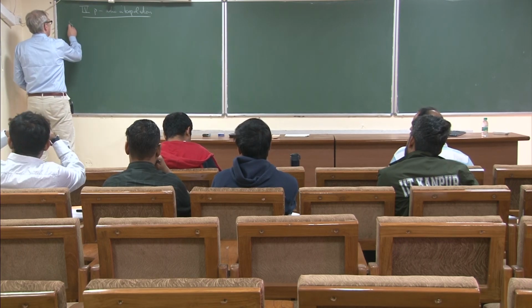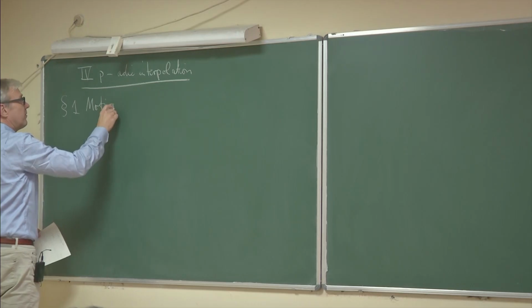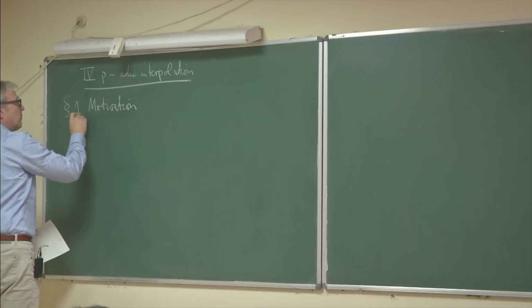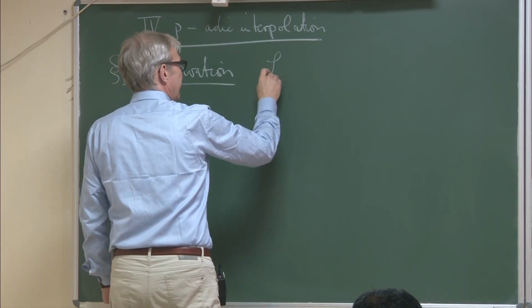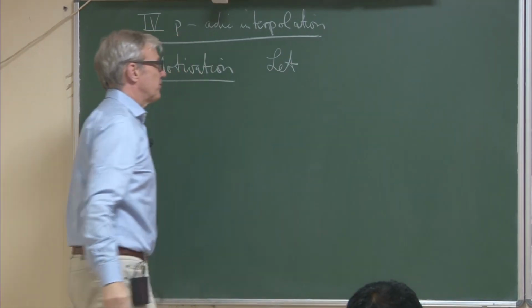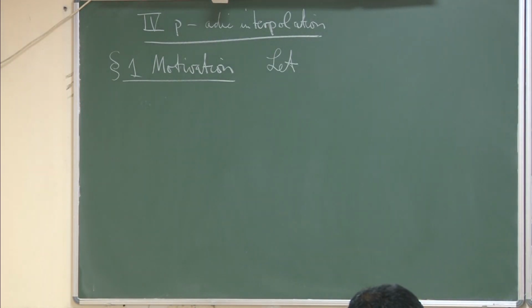So let me start with this motivation. Although, as I said, given the audience, this is maybe too easy. But sometimes it's also nice to see easy things again because it reminds you where all these things start.